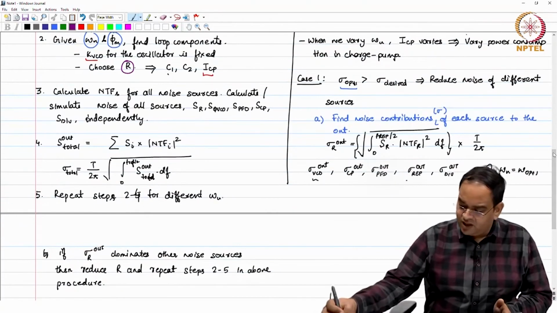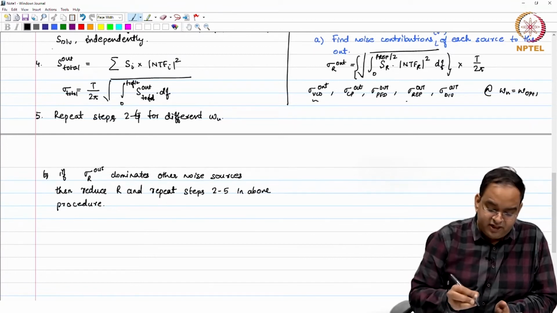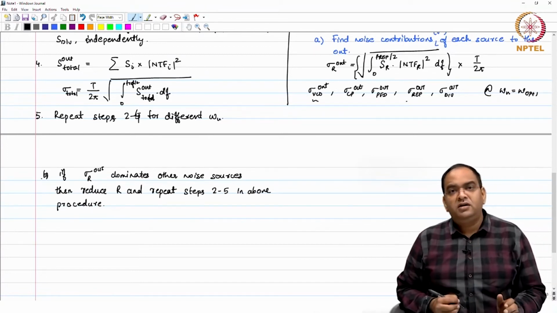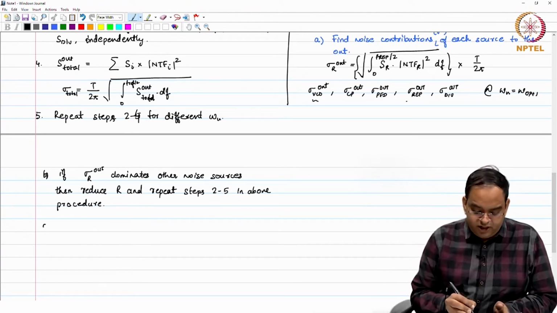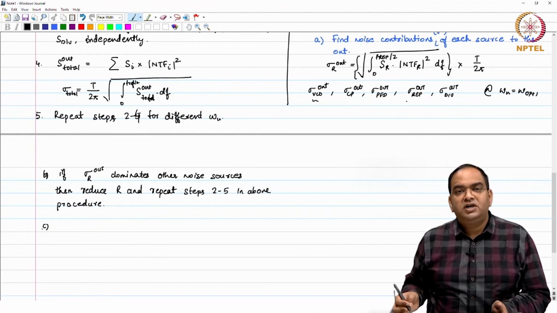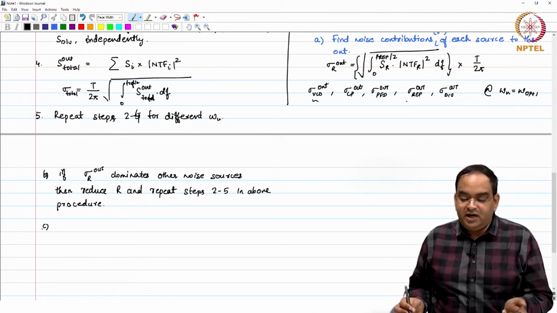Now, the question you can always ask is: if the resistor noise is so important and can dominate at any point of time, then why do I not use a low value of the resistor itself, so that I make it noiseless?